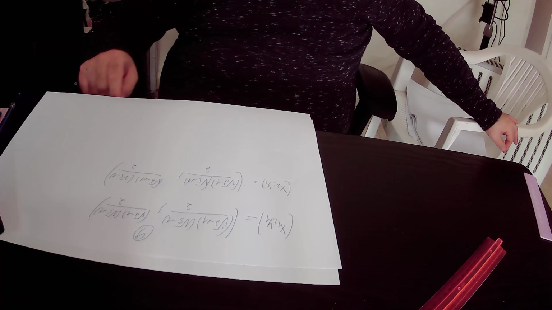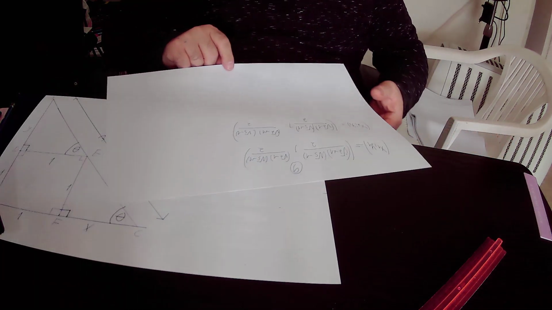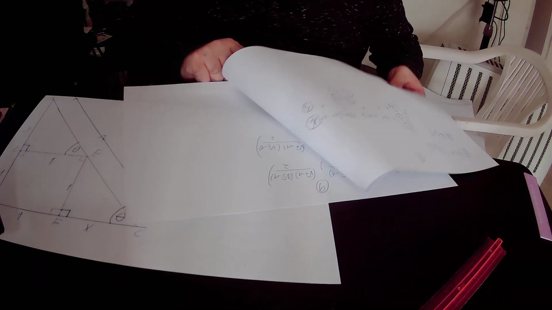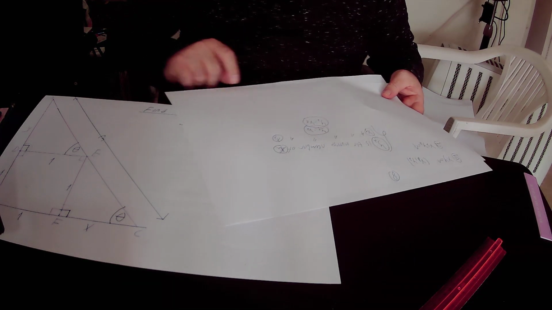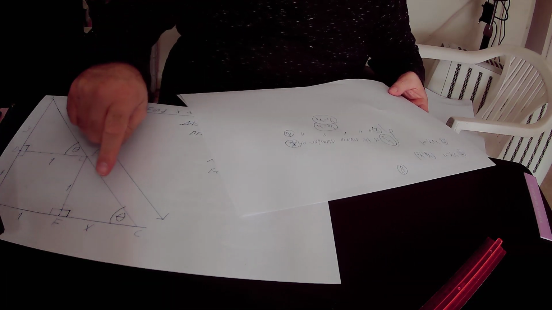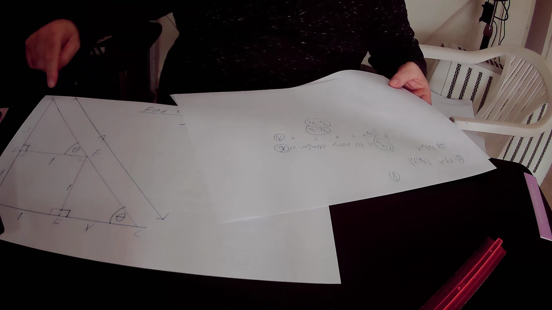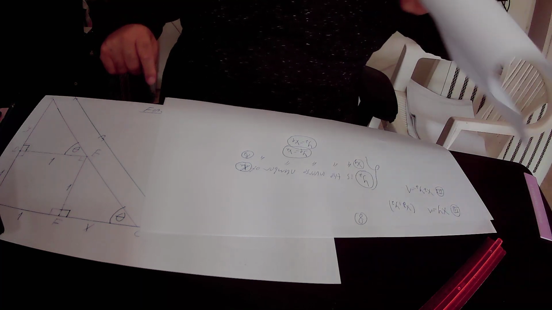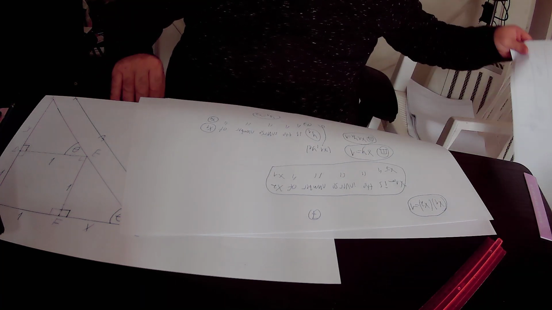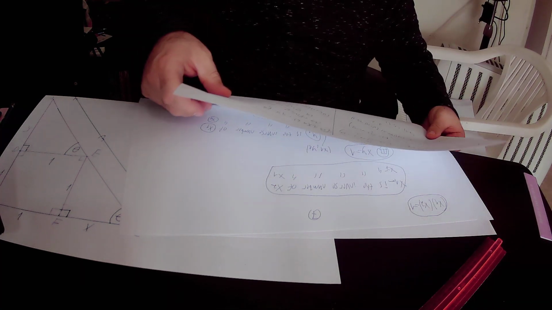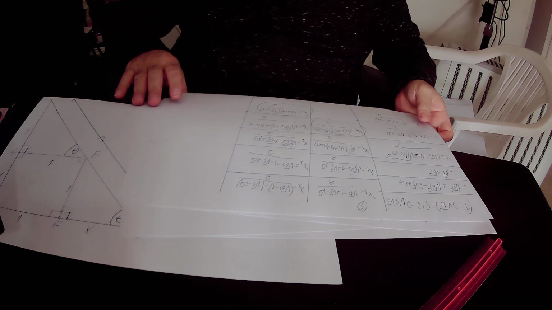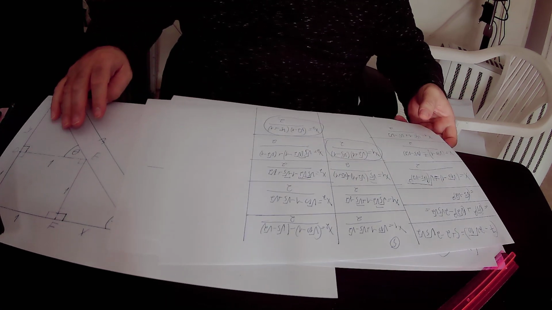Now I will summarize the lecture. Actually, we wanted to find out the values of line segment FC, which equals X, and line segment AD, which equals Y. We have the square DEBF.